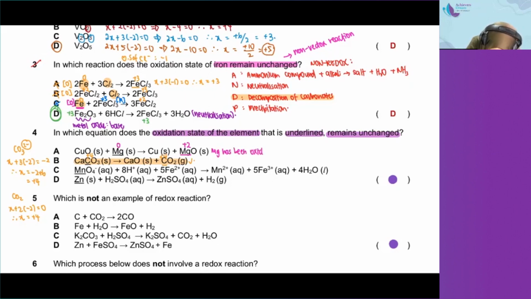So A is not our answer because the oxidation state of magnesium has changed. We move on to option C, manganese in manganate ion, MnO4-. Students should be able to recognize that this is an ion in an oxidizing agent called potassium manganate.